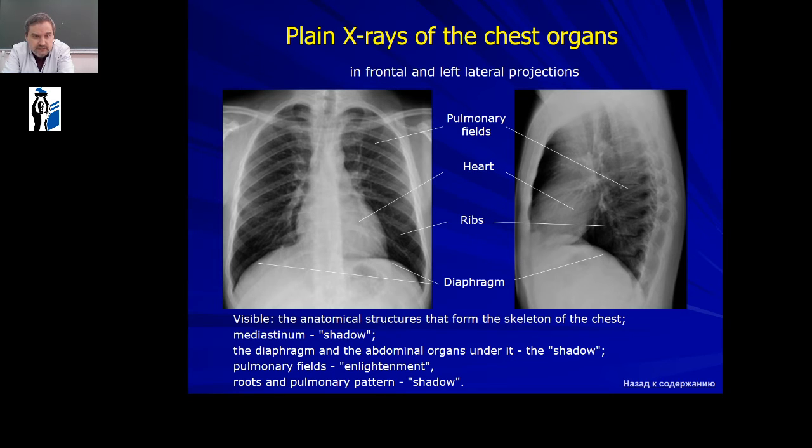The diaphragm and the abdominal organs under it, shadow. But the pulmonary fields are enlightenment. Roots and pulmonary pattern, shadow.